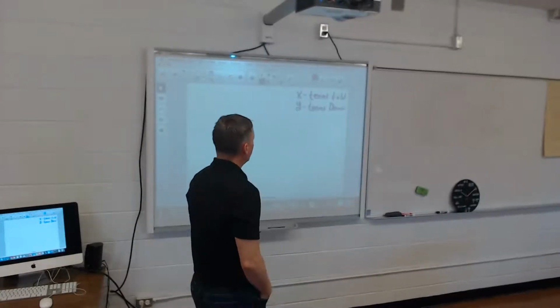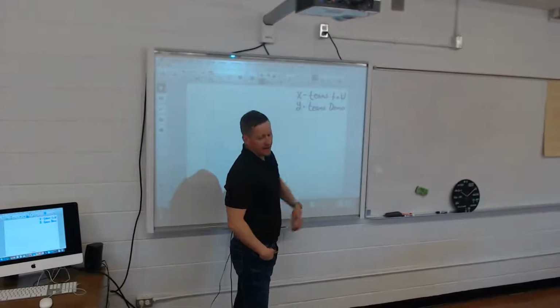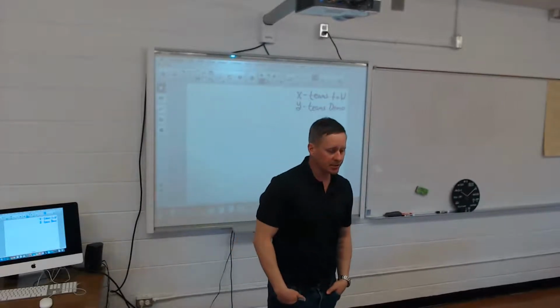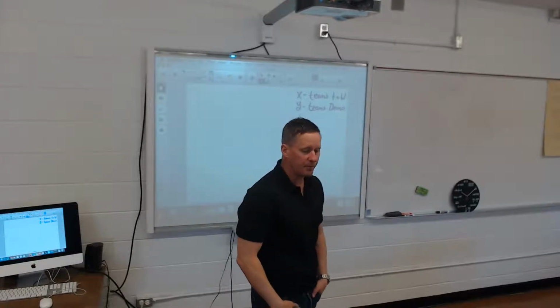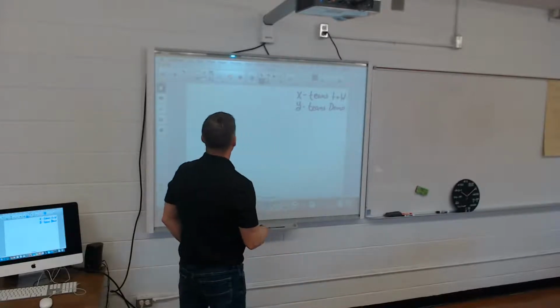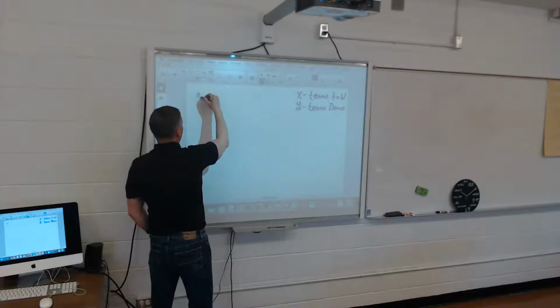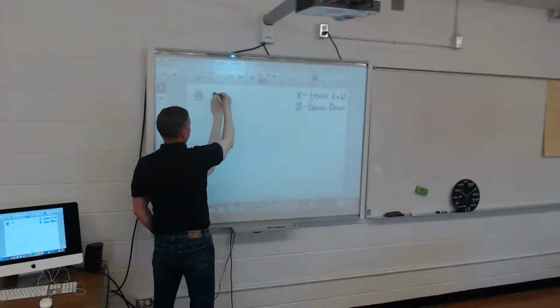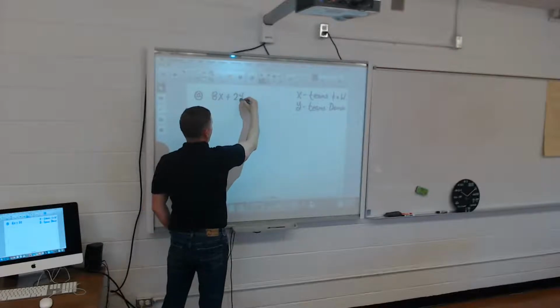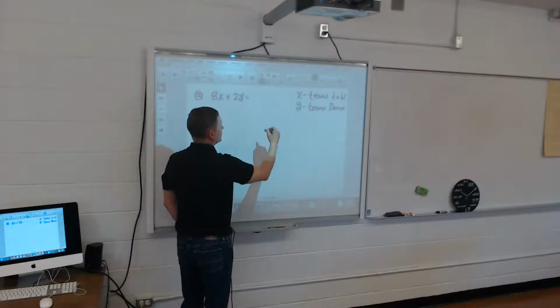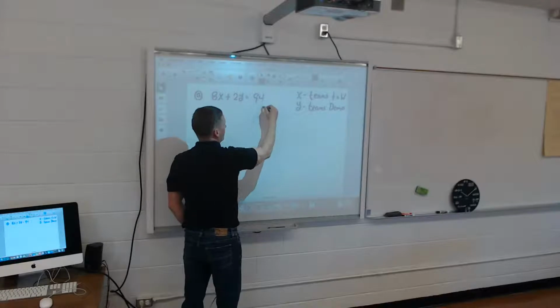The tug of war teams have 8 persons per team. The demolition derby has 2 people per team. So to get the number of people, I go A is equal to 8x plus 2y, and that should equal a total of 94 people.